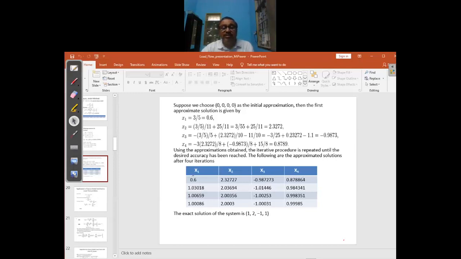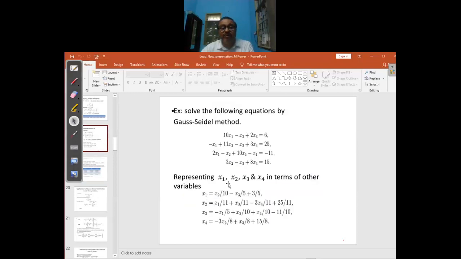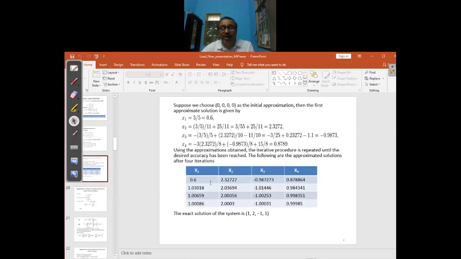So in the next iteration, I will use these values of x1, x2, x3, x4 to find out again what the new values are. So again on the right hand side, I substitute these x1, x2, x3, x4 values. Then I get this new set of values. This again I substitute, so whatever right hand side values you get, you keep on substituting to the left hand side and repeat.